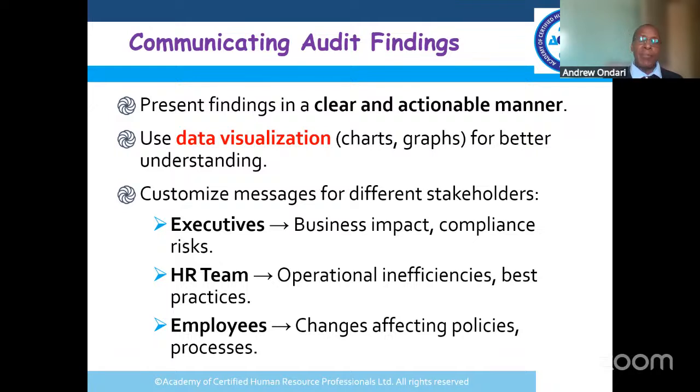Secondly, the HR team, pick out operational issues that are key to the HR team and highlight them. Because at the end of it, you are the people who are expected to implement these HR audit findings. And lastly, the employees. Not all things that have been found in the audit are useful for employees.